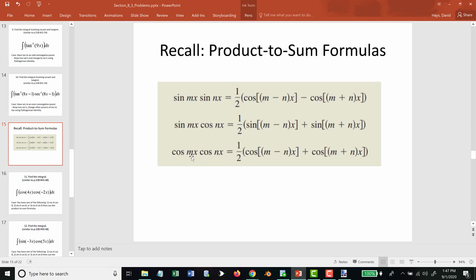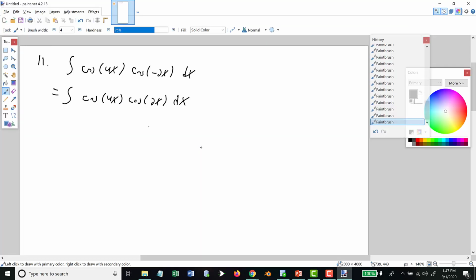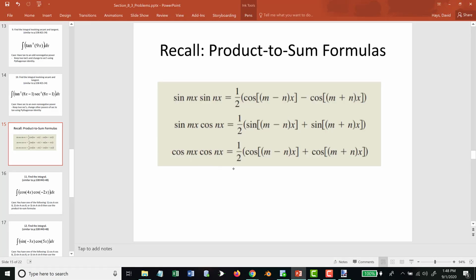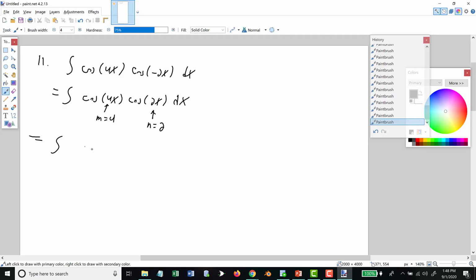You can see that m and n represent numbers. So the m here would be 4. The n would be 2. So we're going to rewrite this as 1/2. It's the bottom one because it's cosine, cosine.